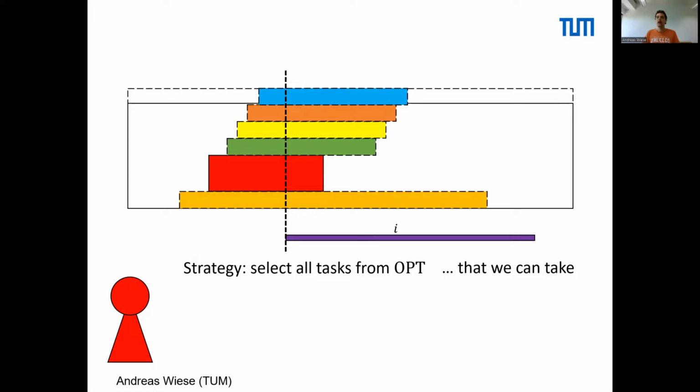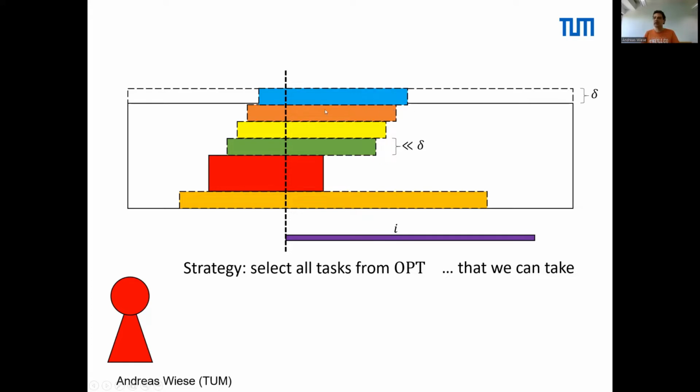However, you can show that this is actually very unlikely to happen. My picture is a bit misleading, because if my additional capacity is, say, delta, then the sizes of these rounded up tasks are much smaller than delta. So in particular, I can say that my tasks from opt with their actual size fit into the given capacity.